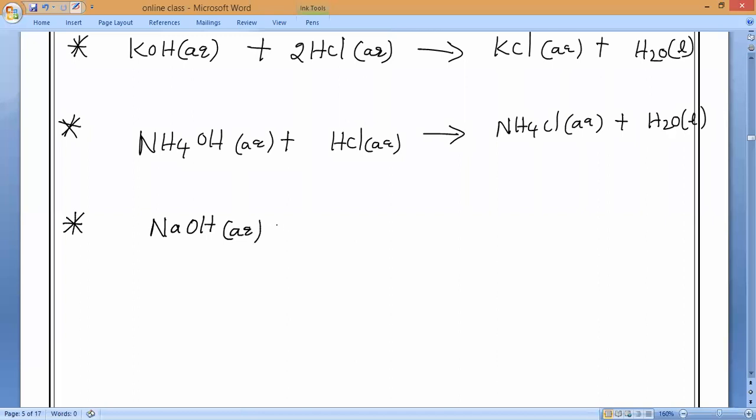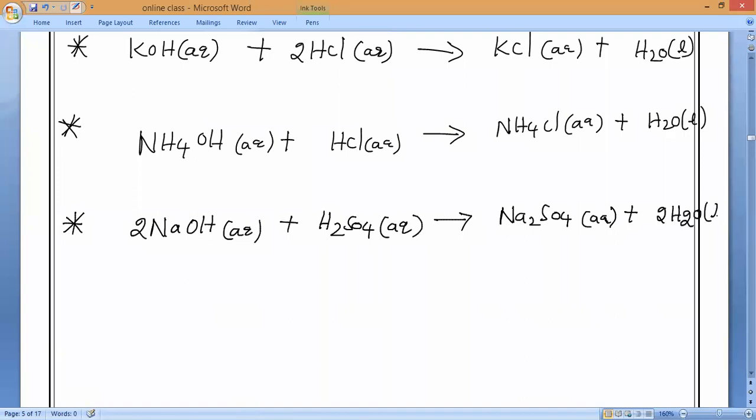What is the formula? NaOH reacting with sulfuric acid, H2SO4. The products will be sodium sulfate, Na2SO4, plus water. That is what you have to remember.